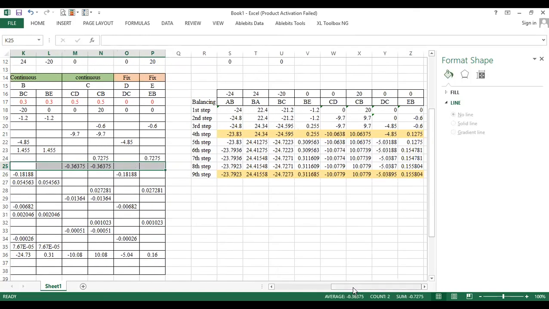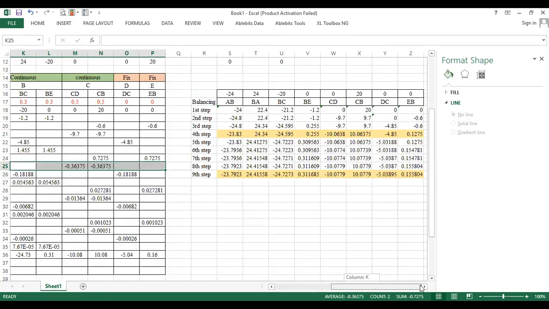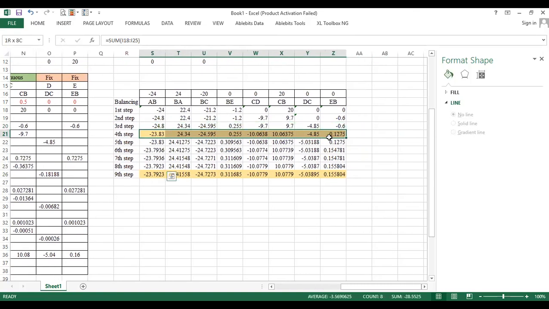If you're fixing something like 5, 1, 2, 3 likewise, then you have to at least go for second decimal place, right? So there's a pattern, right? Hope you understand that. So thank you very much. So these are the final support bending moments, right?